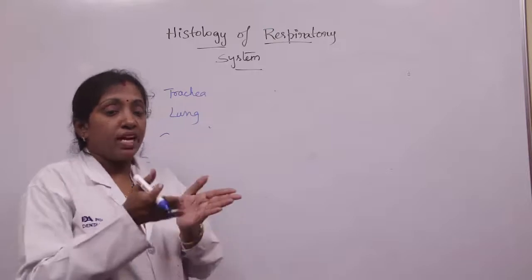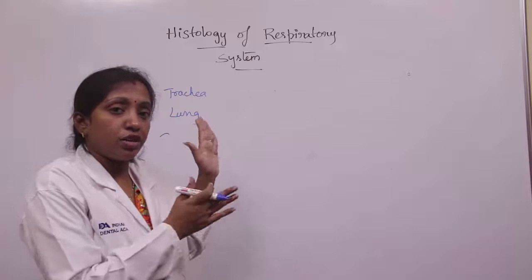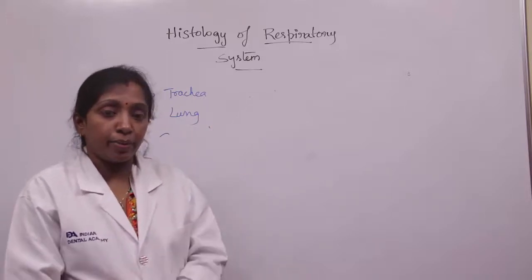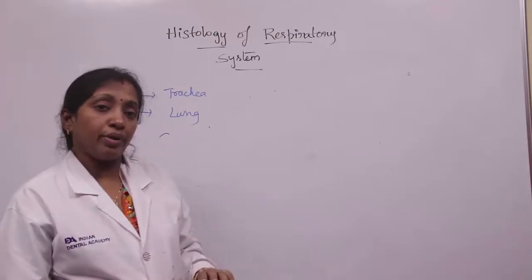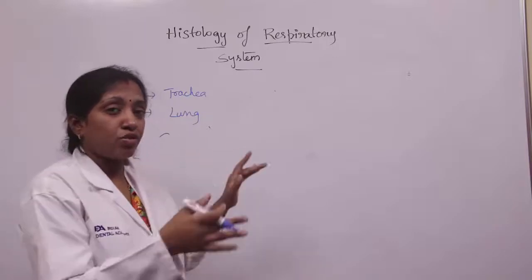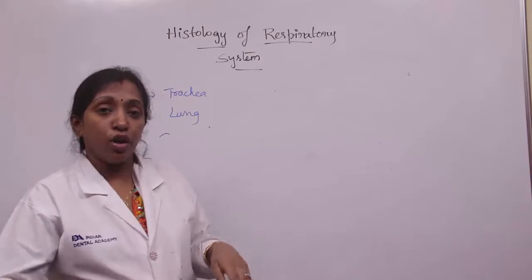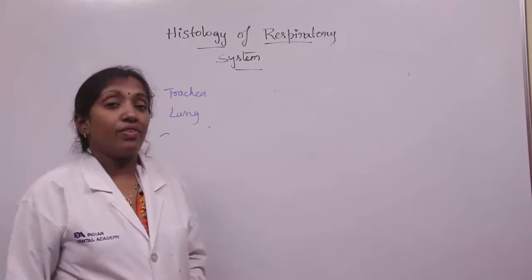When the trachea starts dividing, the epithelium starts changing from pseudostratified to ciliated, ciliated to columnar, columnar to cuboidal, and finally in the alveolar sac we will see the flattened epithelium.